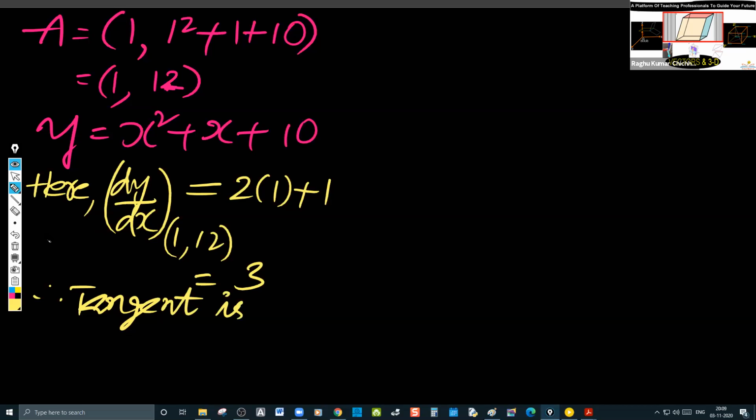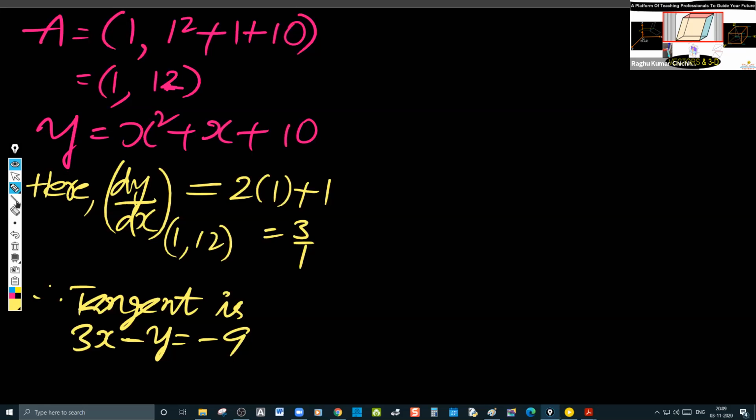Or otherwise make use of the short form I taught you. What is the short form I taught you to write the equation of the tangent from the slope? 3 divided by 1 is there. Multiply numerator with x, denominator with y. You have plus there, put minus in between. And substitute the point. 3 into 1 minus 12, 3 minus 12. 3 minus 12 is minus 9.